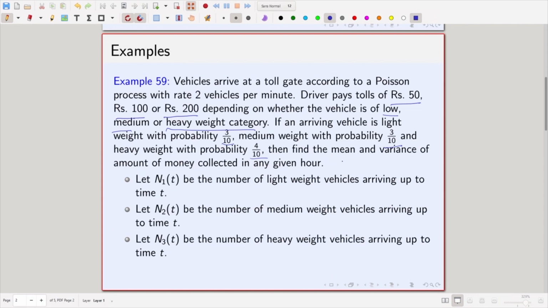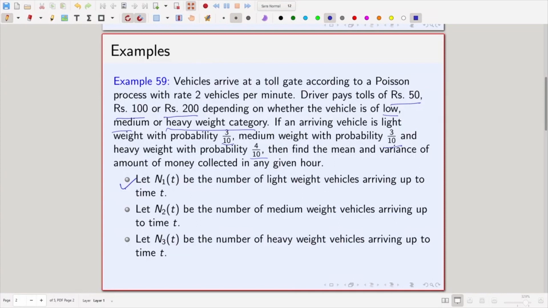So there are these three categories of vehicles: light, medium and heavy. And depending on the weight category, drivers pay different amounts of tolls. So the question is, given a 1 hour span, what is the mean and variance of the amount of toll tax collected? Okay.